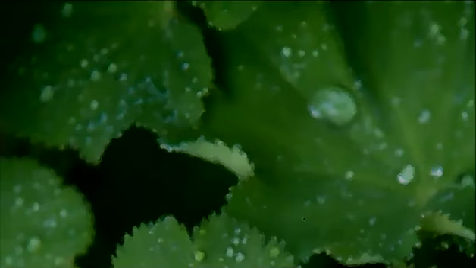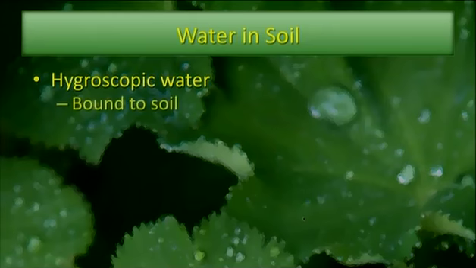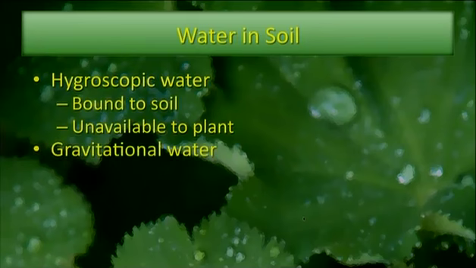Now, in terms of water in soil, we have hygroscopic water, which is bound to the soil, and this kind of water is unavailable to plants because it's bound to the soil chemically.